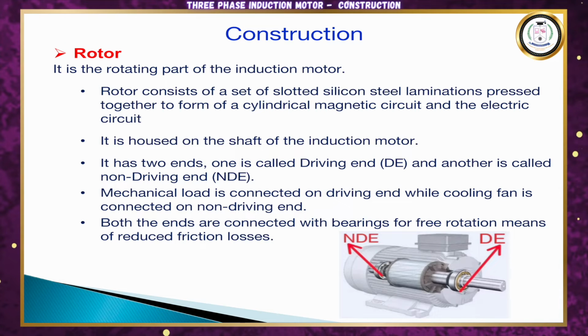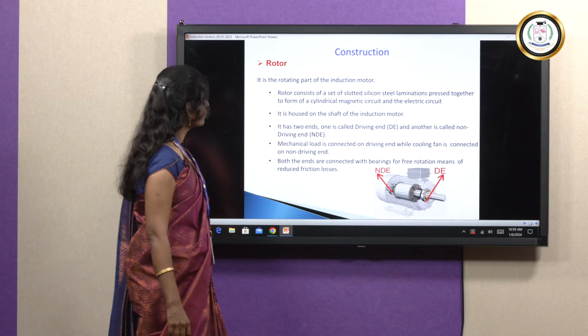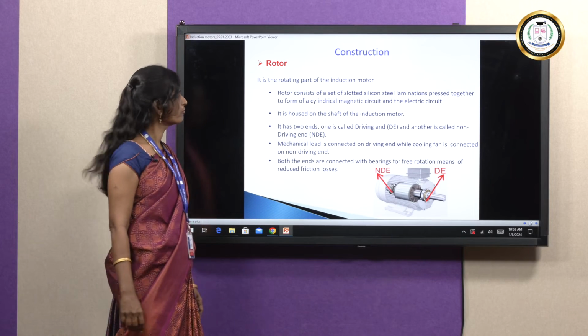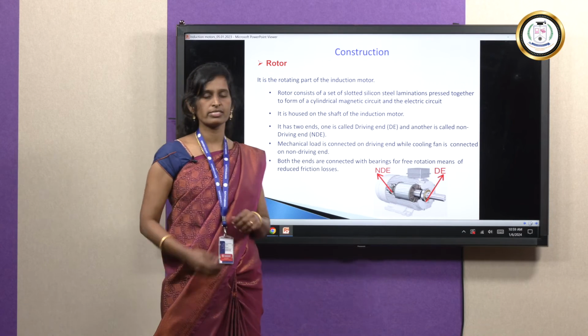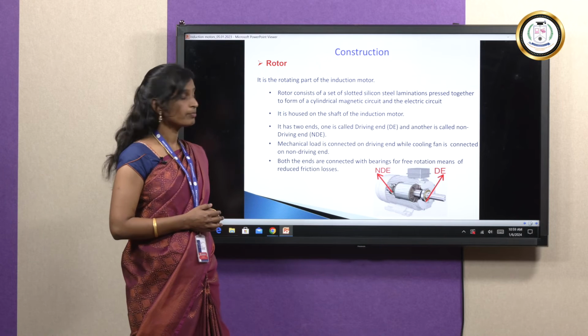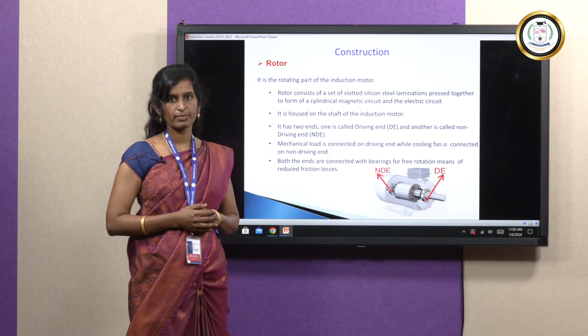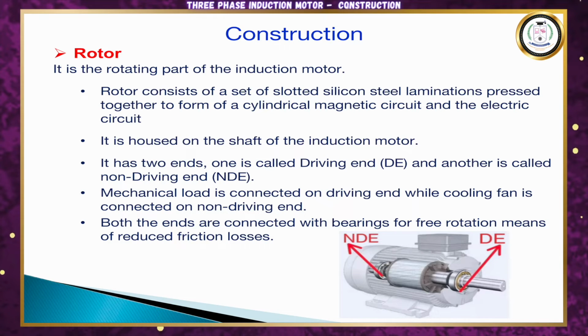One is star connected and another one is delta connected. Next, let's see about the rotor. This is the construction of the rotor. Rotor is also made up of silicon steel laminations, which are thin sheets, laminated and stamped together to form the rotor. Rotor has rotor core, rotor slots and teeth. In rotor slots, we place the rotor windings.